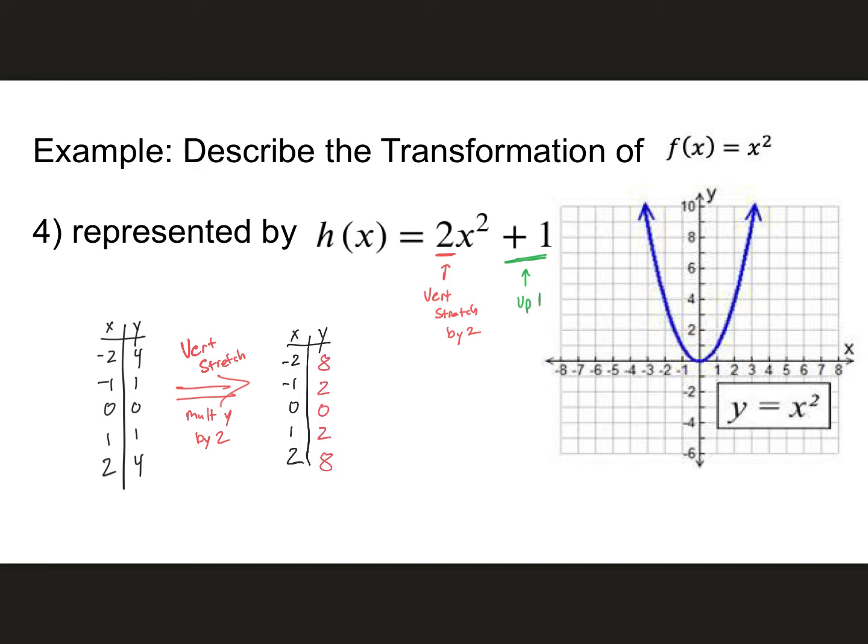Next, we're going to move everything up 1 unit, and we end up with this as our resulting final table right here. If we plot those points, we end up with a graph that looks like this. You'll see that my graph does in fact look narrower and is shifted up 1 unit.